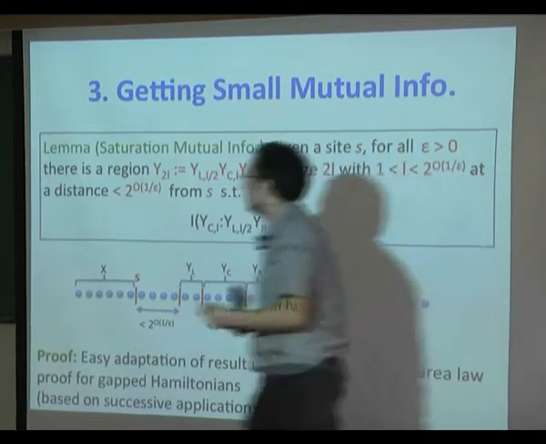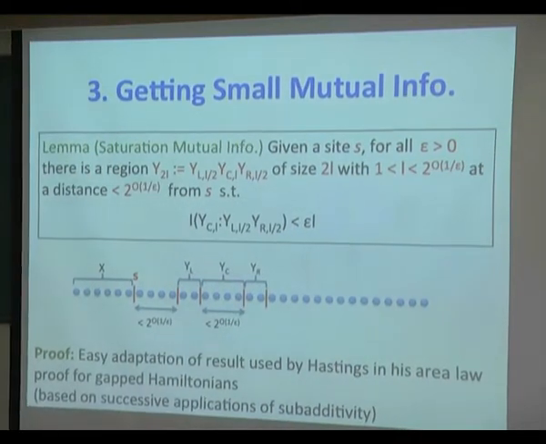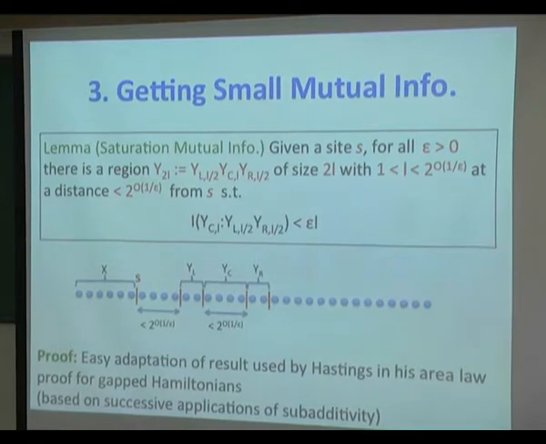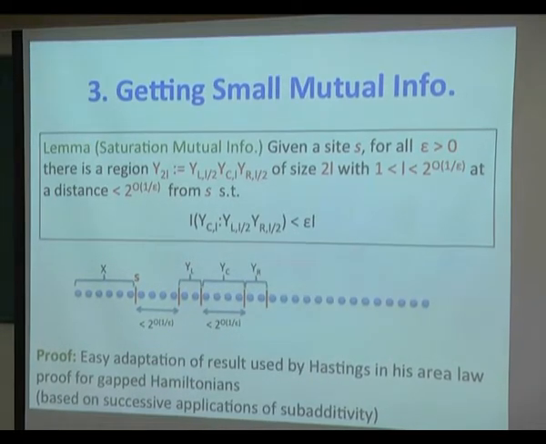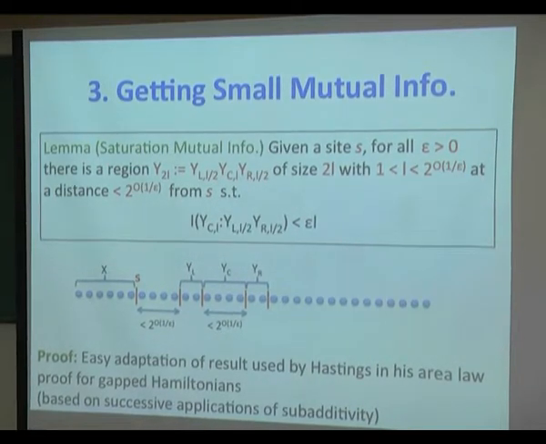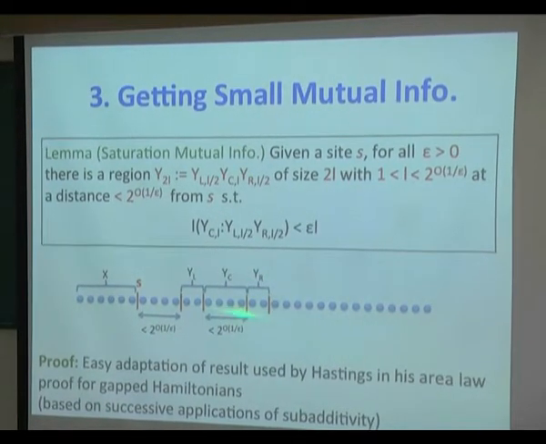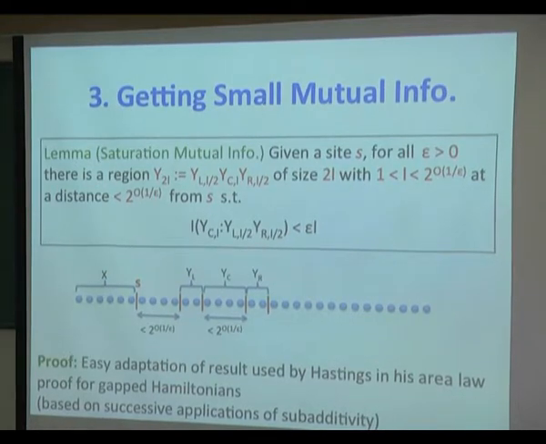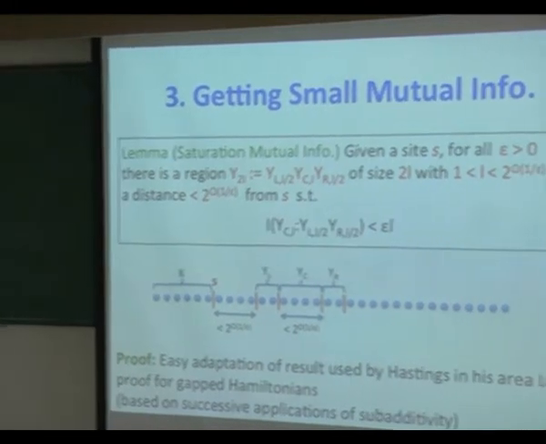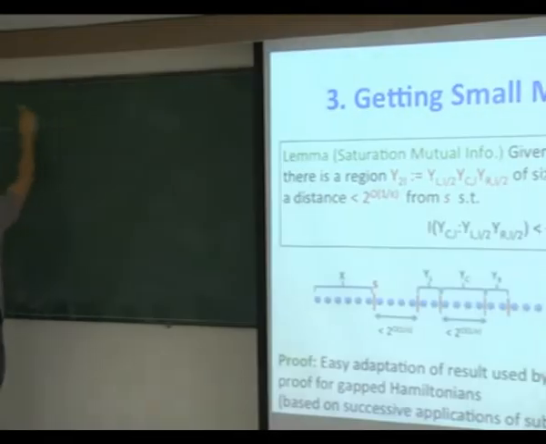Okay, so let me just do one more drawing to illustrate the idea here. The proof is extremely simple. Maybe I don't show you, or maybe I show you. It's just subadditivity. You apply subadditivity many times. But the basic idea is, suppose that we start from some region. Let me write very big.